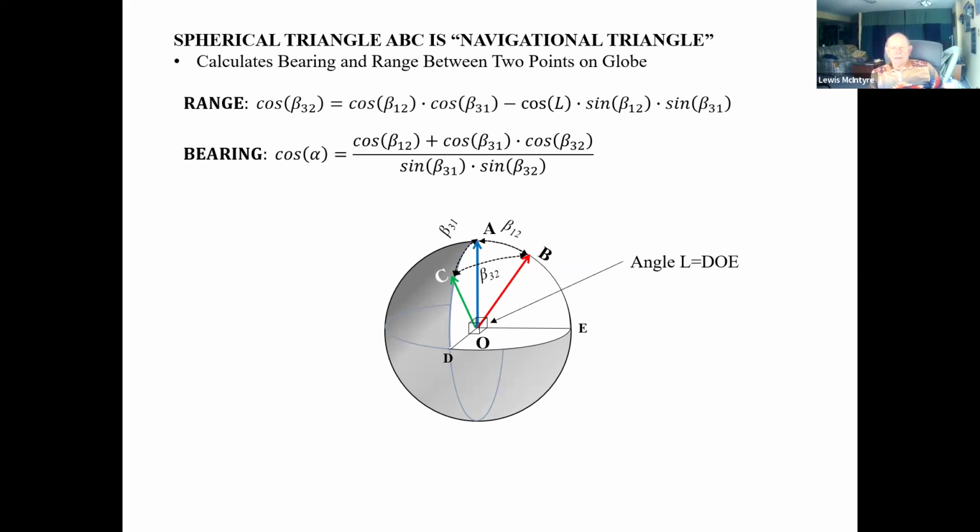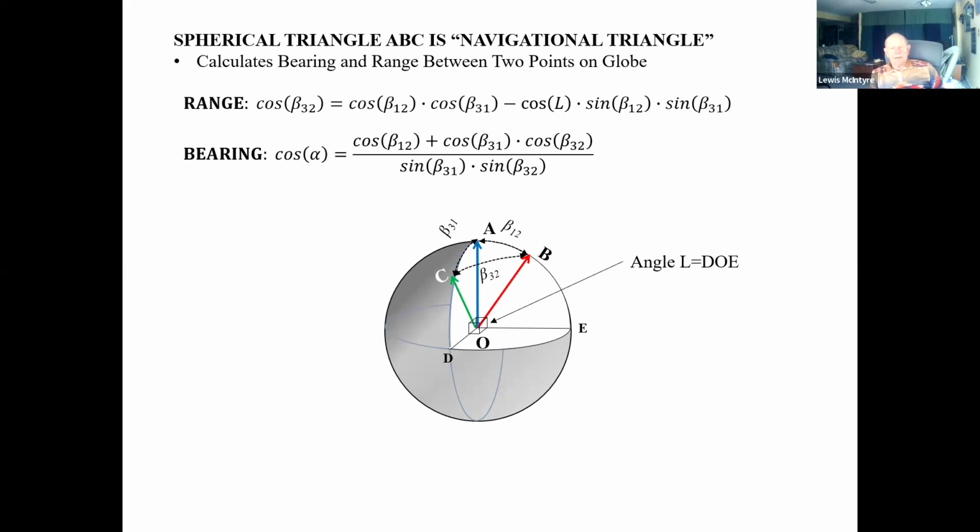BA and CA are the co-latitudes of S2 and S3, 90 degrees minus their latitudes, corresponding to beta 1,2, the angle AOB at the center, and beta 3,1, angle AOC at the center.